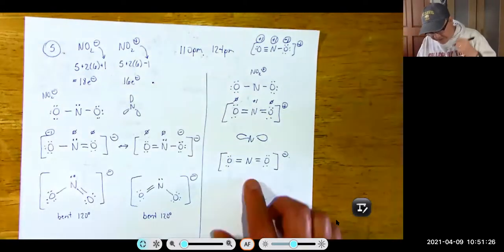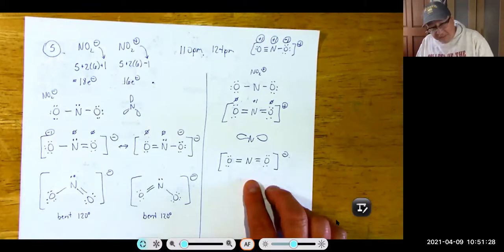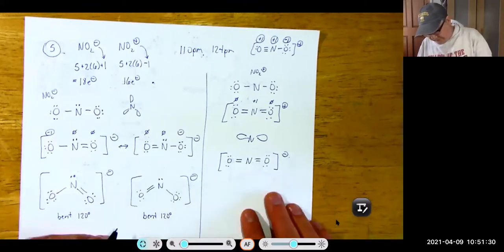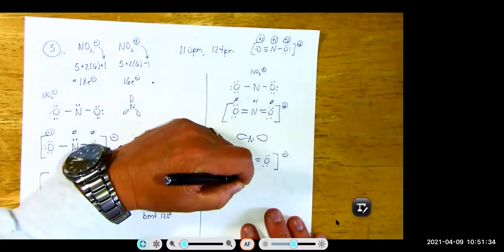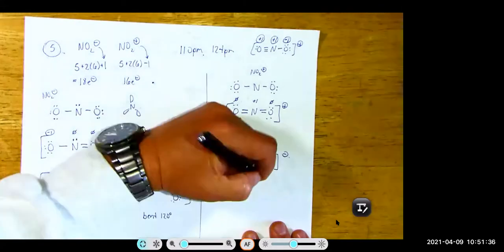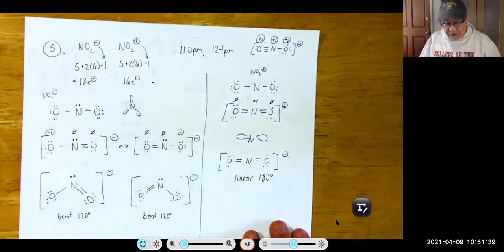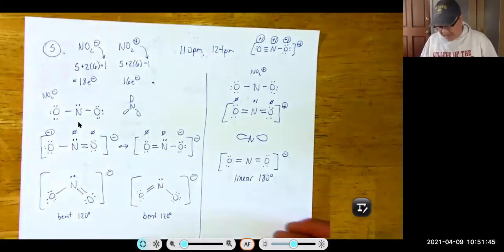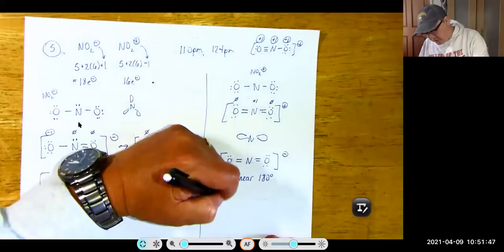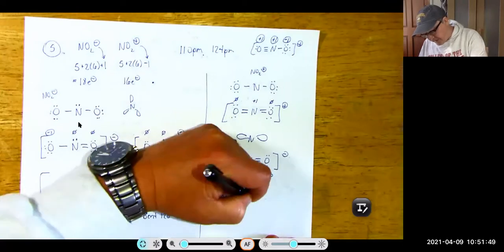What do we call this shape, and what are the angles? Linear. Excellent. 180 degrees. So if I go back and look at the question, which has the greater bond angle? Well, NO2 plus has the greater bond angle.